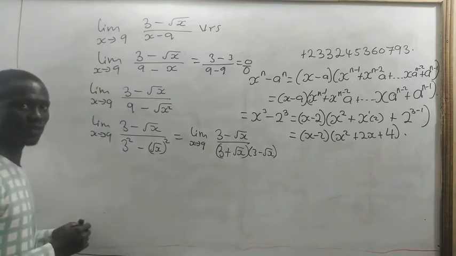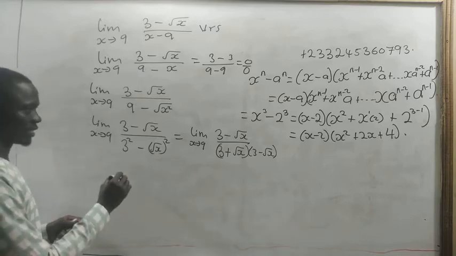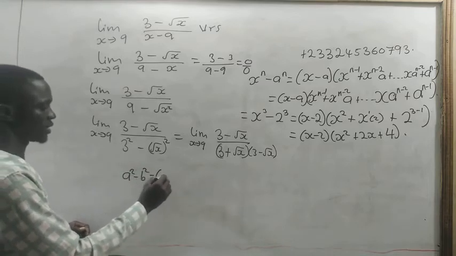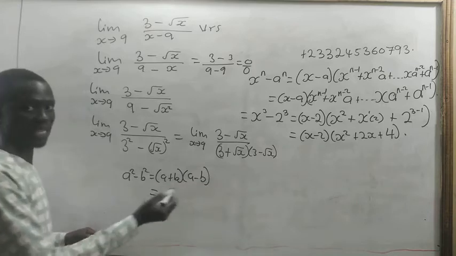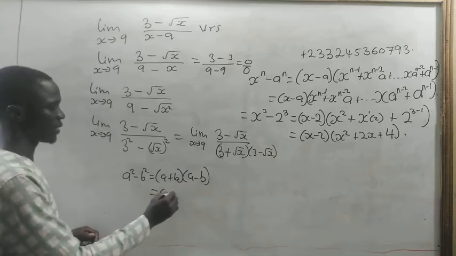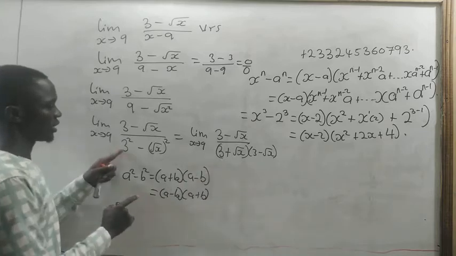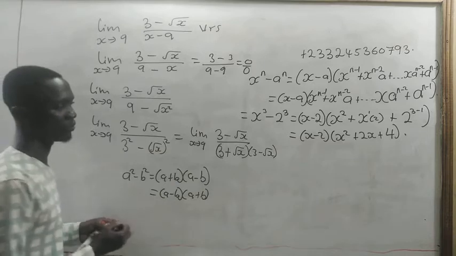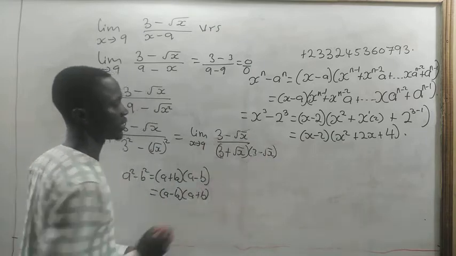I have a video on difference of two squares, so you can check the description for that video. That is, if you take a squared minus b squared, it's the same as a plus b times a minus b. Or since multiplication is commutative, you can write it as a minus b times a plus b. So that is what we've used. Here a is 3 and b is root of x. And here this one will cancel this.